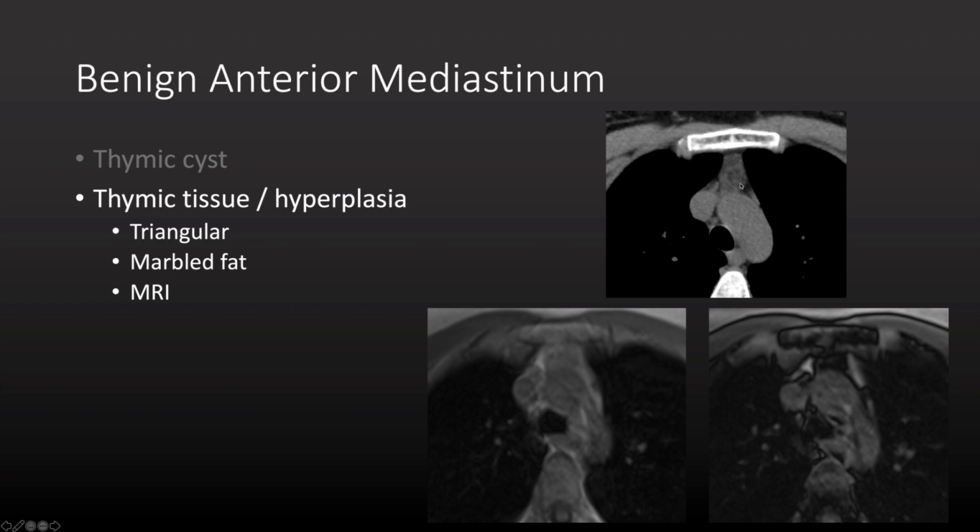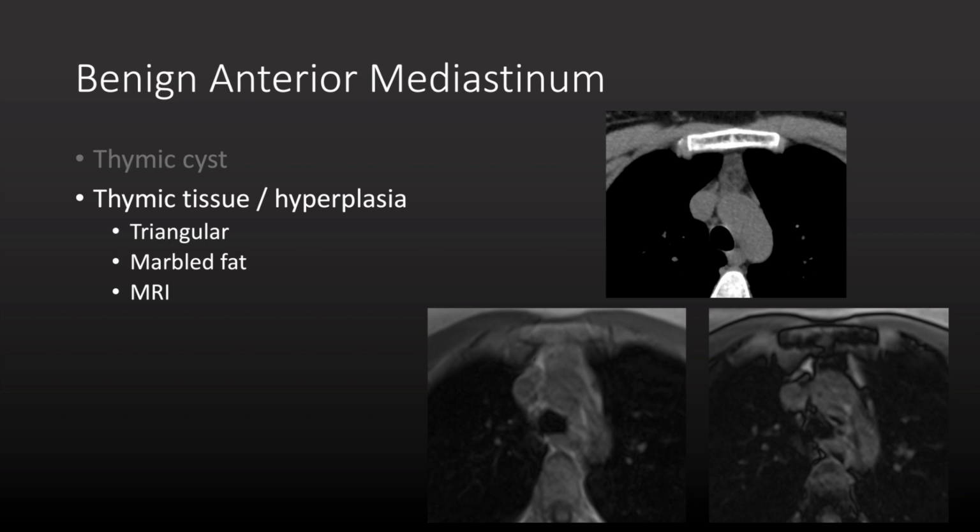You may see more or less interspersed fat depending on the degree of thymic hyperplasia and the age of the patient. People used to think a lot about patient age when they looked at anterior mediastinal soft tissue and considered thymic hyperplasia versus lymphoma or something like that.